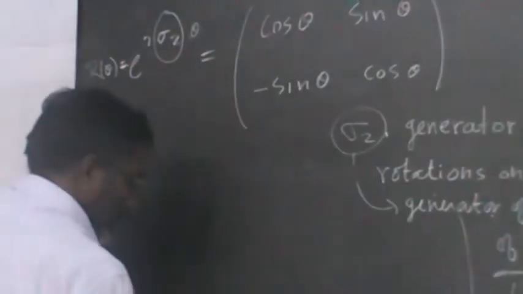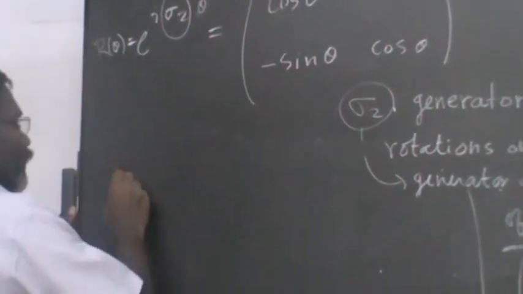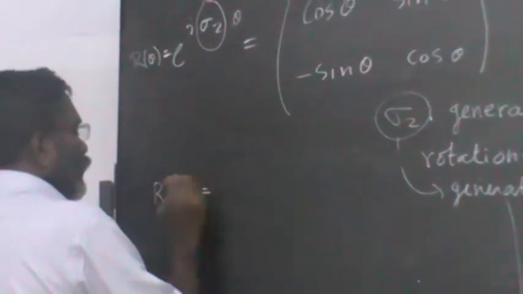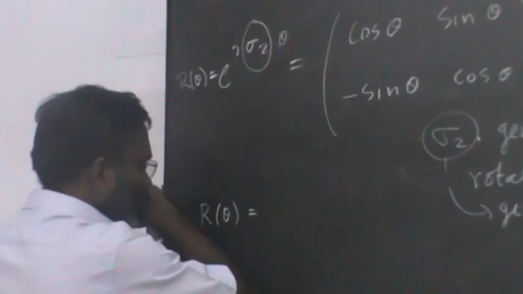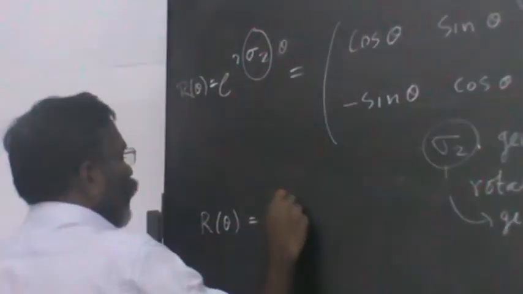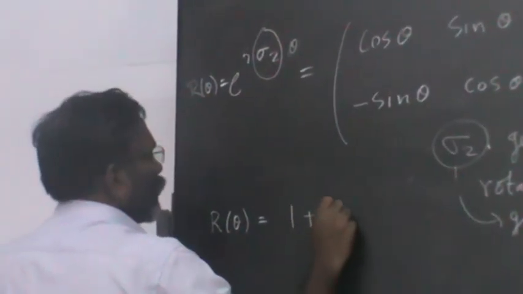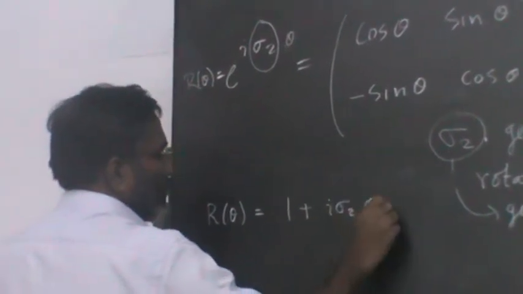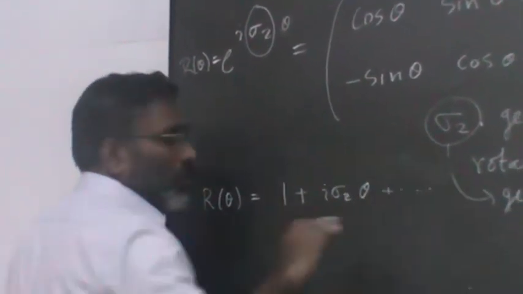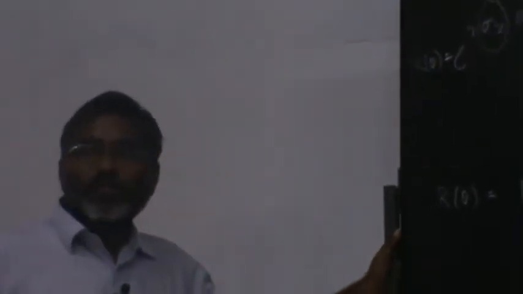Okay, so you can write here. Let's say that you have r of theta is equal to 1 plus i sigma 2 times theta, and forget about all other quantities because theta is small.